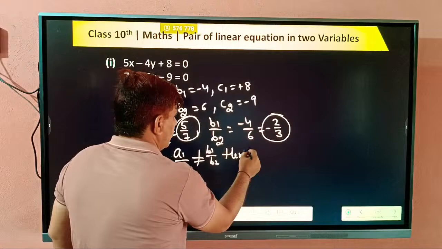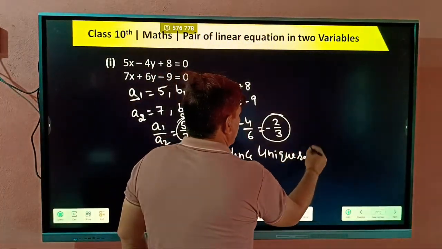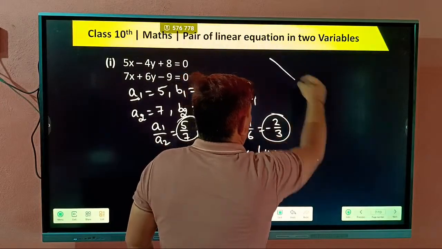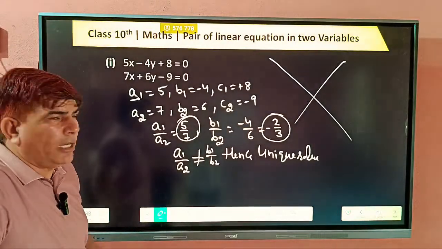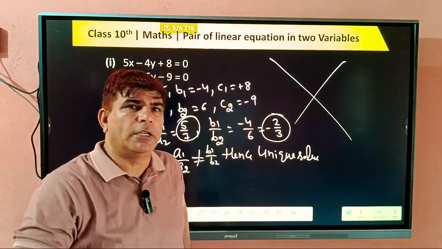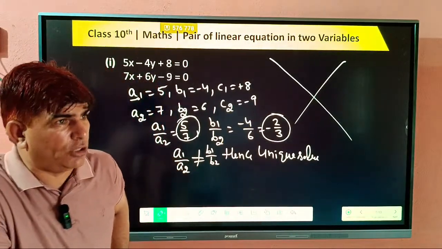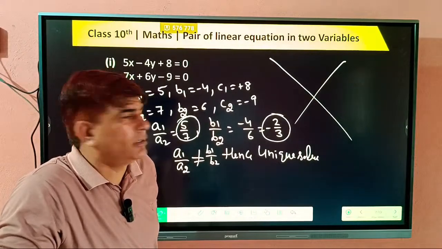Hence, how many solutions? Unique solution. And what type is the graph? The graph is cutting at one point. Later on, we can find its solution by methods like cross multiplication, substitution, and one more method, elimination. Understood?